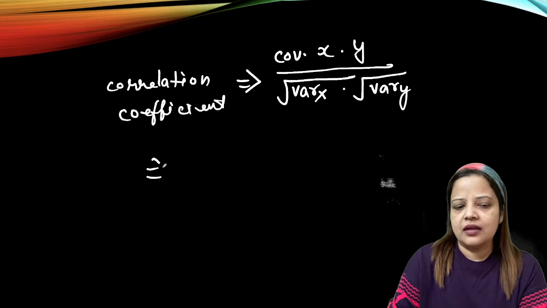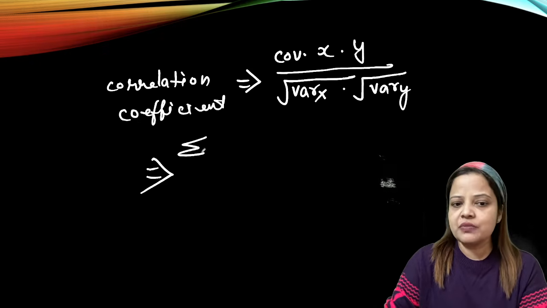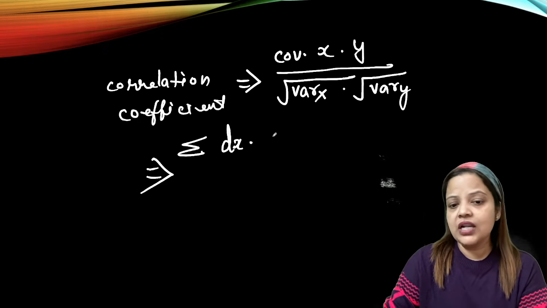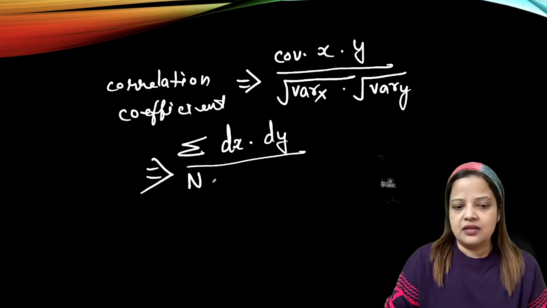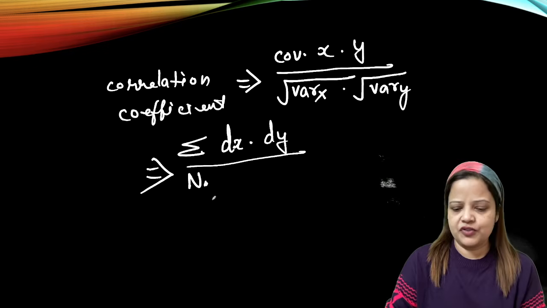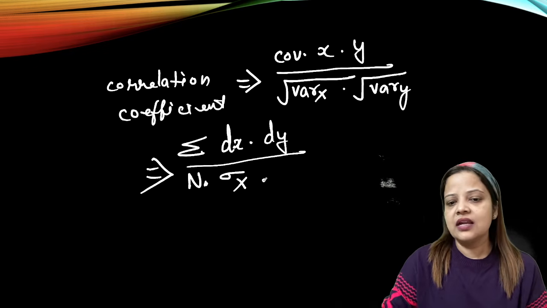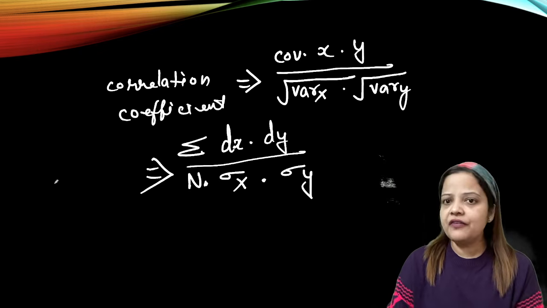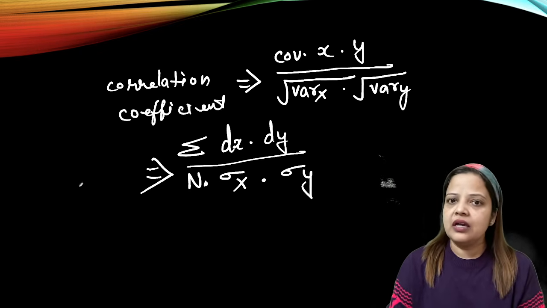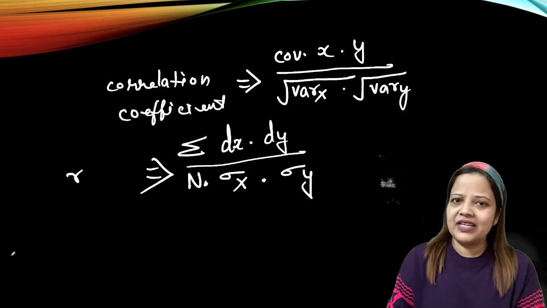If we expand this formula, we can write it as the summation of dx into dy divided by n, the number of data which we have taken, into the standard deviation of variable x into the standard deviation of variable y. With the help of this formula, we find the correlation coefficient between these two data, whether they are correlated or not.